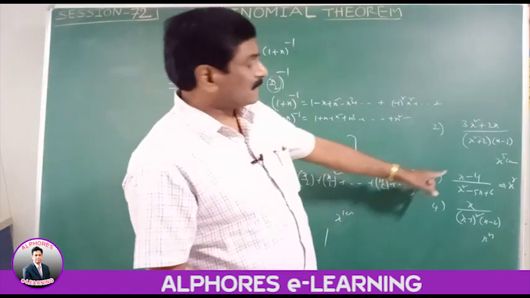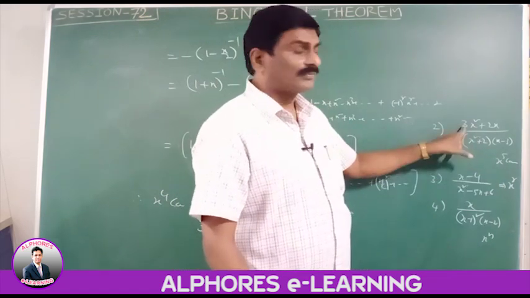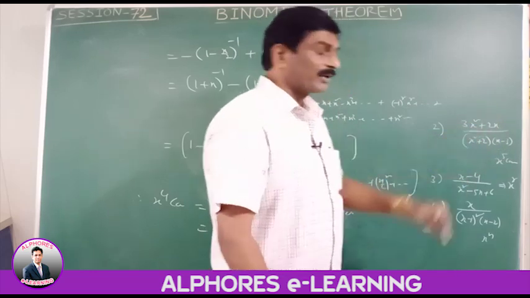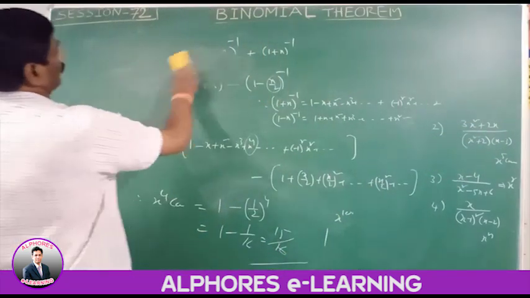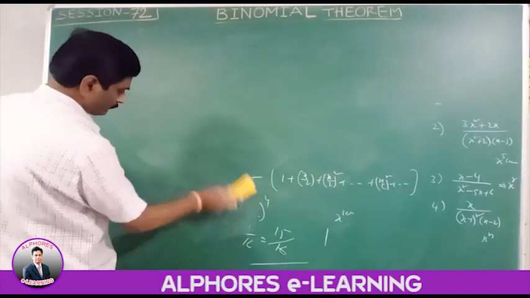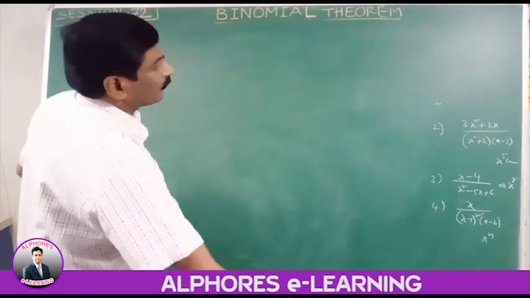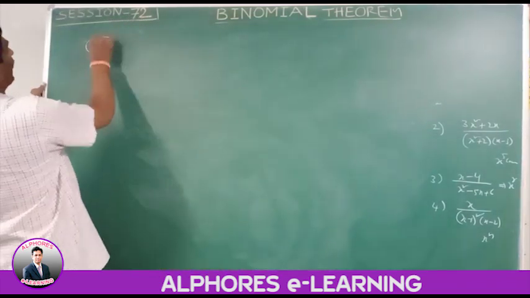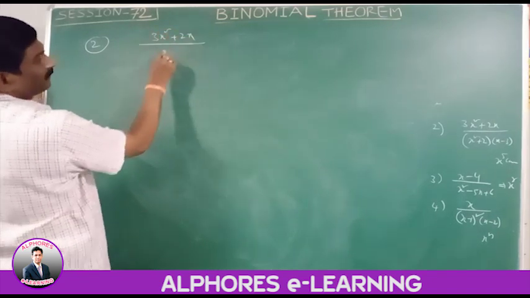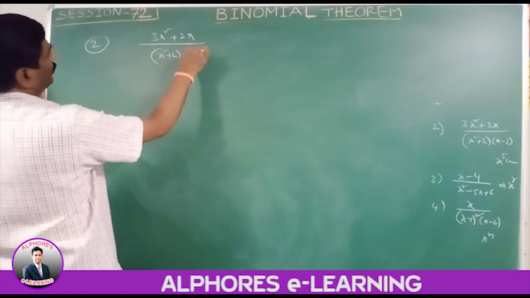Next, second one. Find the coefficient of x power 5 in the expansion of (3x square plus 2x) by (x square plus 2) into (x minus 3).